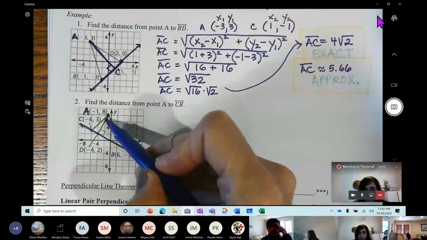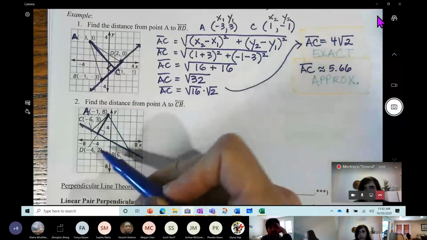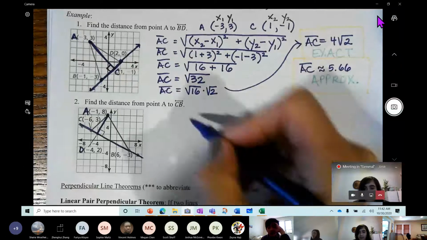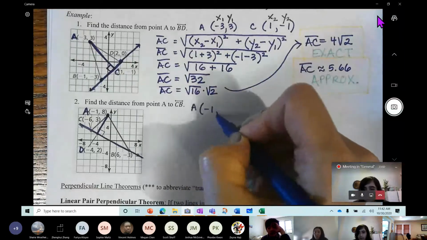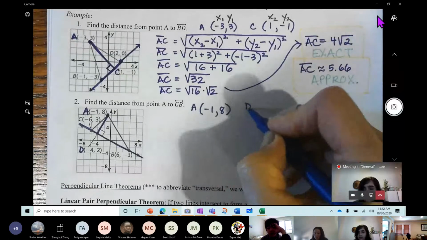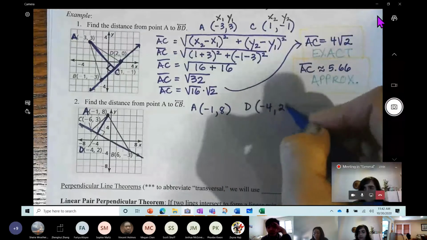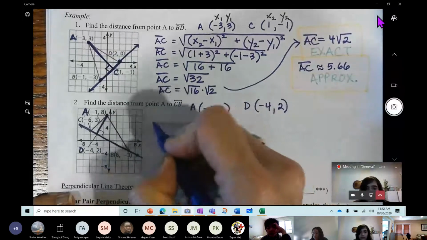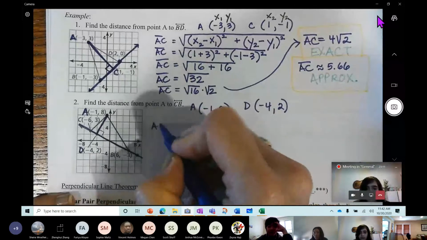That means I'm looking for point D. So A is -1,8. D is -4,2, because that's the perpendicular. So that is AD.